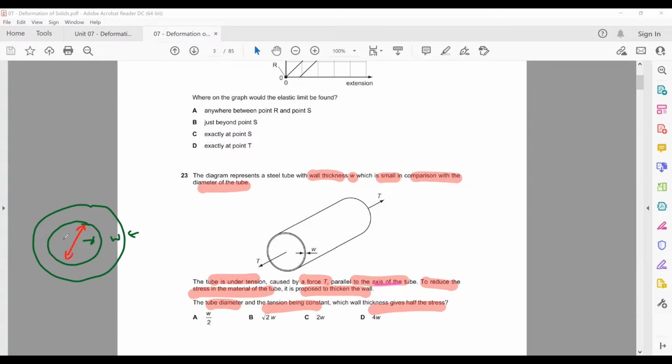You have D in, and then you also have D out.